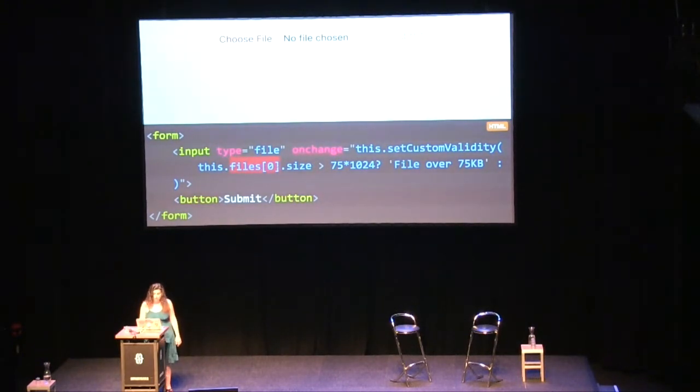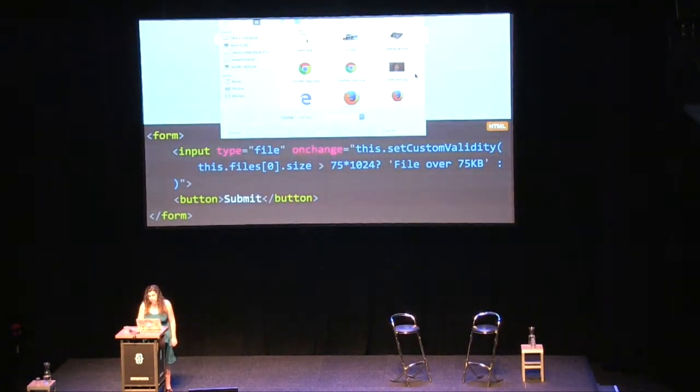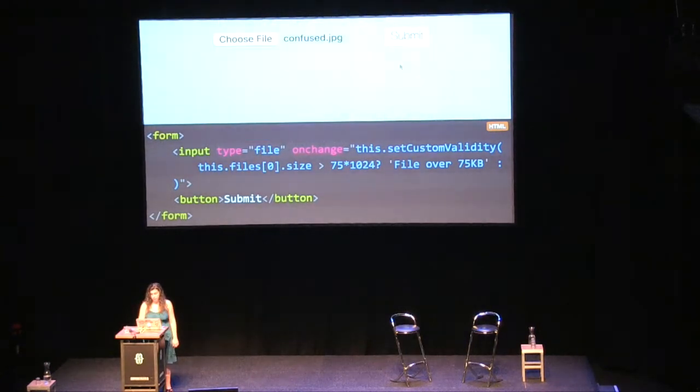So we check if the file size is bigger than some arbitrary limit, and we display an error message if it is. Otherwise, we don't. So let's see how this works out. I'm going to pick a large image. And if I try to submit, it says file over 75K, which is the message I've specified.